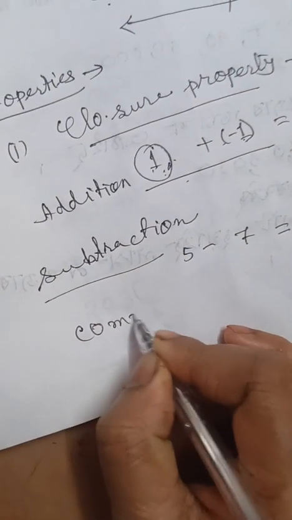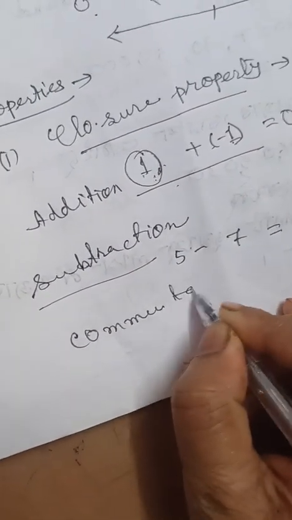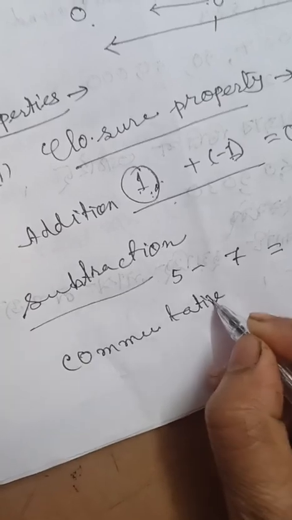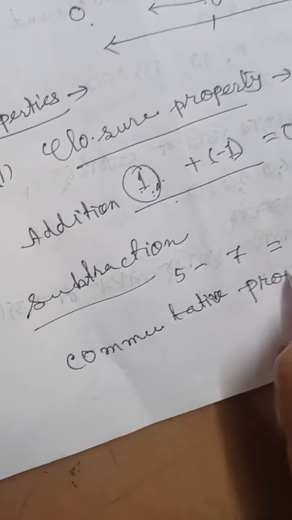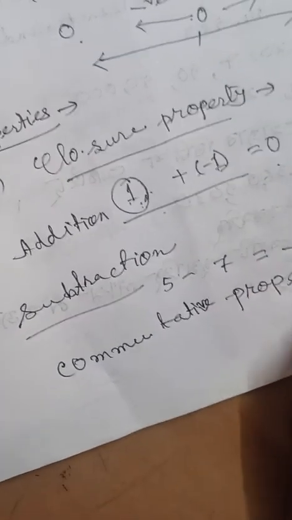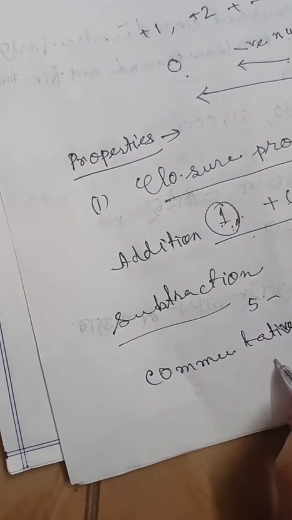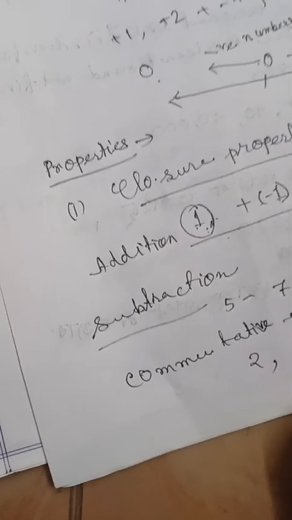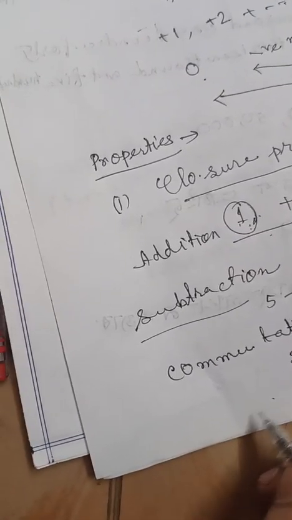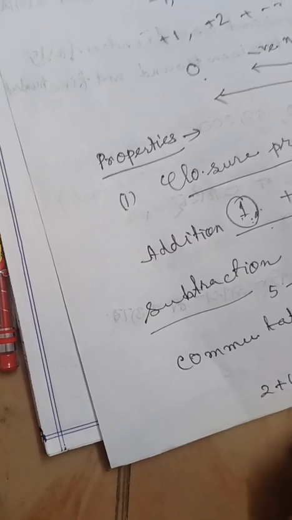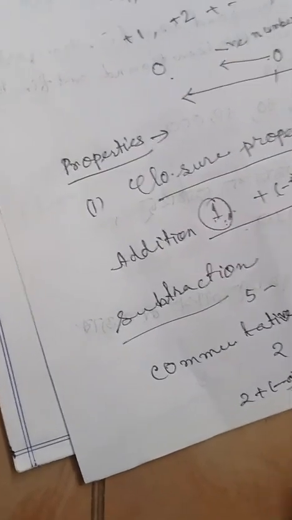Commutative property. In case of addition, suppose two integers 2 and suppose minus 9. What is their sum? 2 plus minus 9. Here result is minus 7.